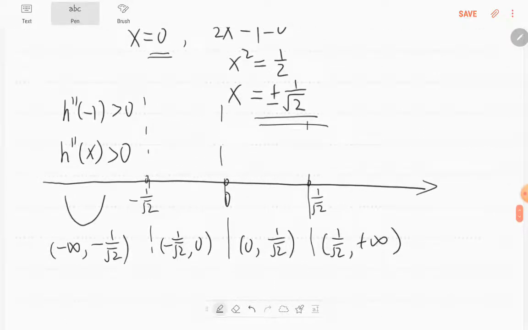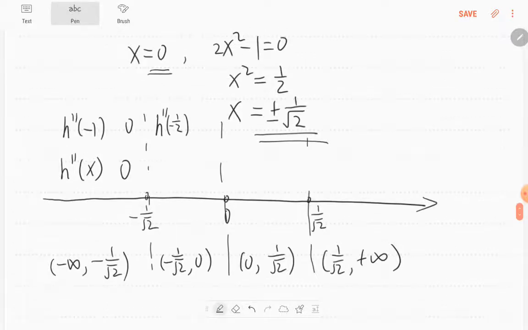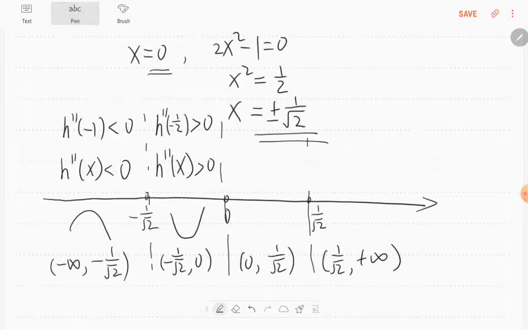Similarly here, we plug into the second derivative negative 1/2, which is on this interval, which will give you also, sorry, I made a mistake. It should be less than 0, so it's concave down. For this one, plug in negative 1/2 to the second derivative, it would be positive. So h double prime of x should be positive, so it's concave up.